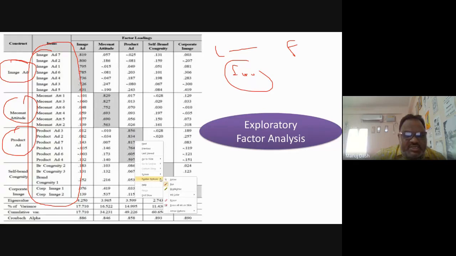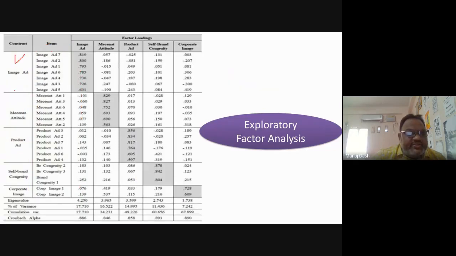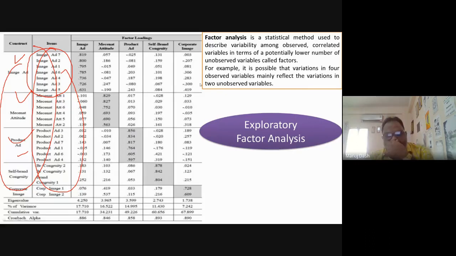These are the factors. There are 4 factors, and all the items are reduced into those factors. So we can say that these factors influence the customers. Factor analysis is a statistical method used to describe variability among observed, correlated variables in terms of a potentially lower number of unobserved variables.